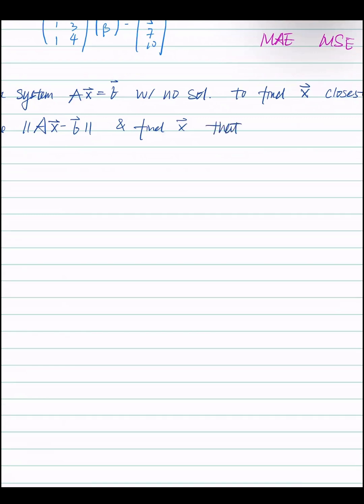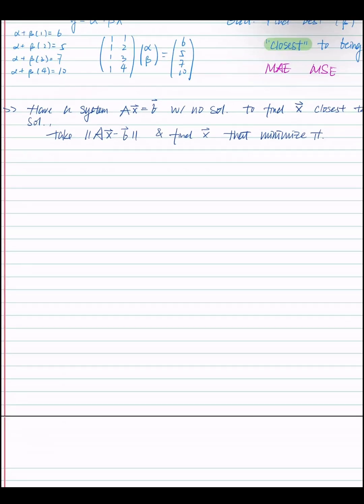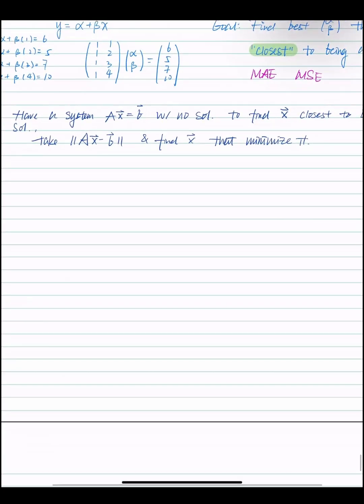Because when the norm equals 0, the length equals 0. So it's like just on the point. So what we actually want is Ax subtract b equals 0, and we want a solution that makes this expression closest to 0.